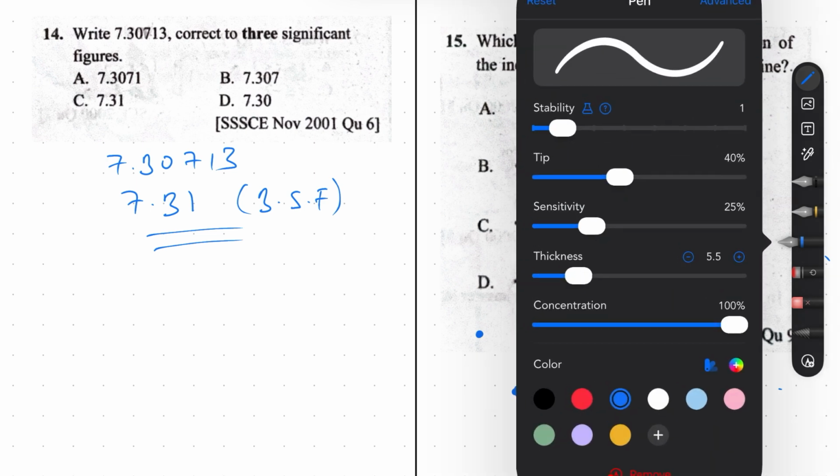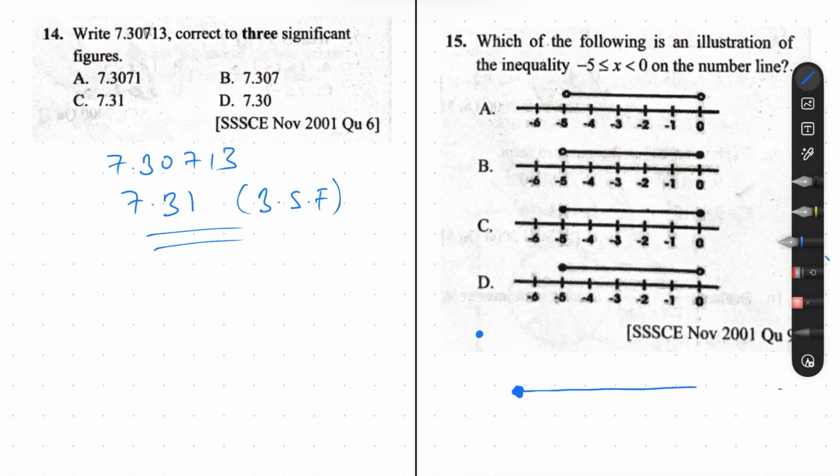But then non-inclusive means our circle is not shaded, right? Non-inclusive means it is not shaded, and then inclusive means it is shaded.